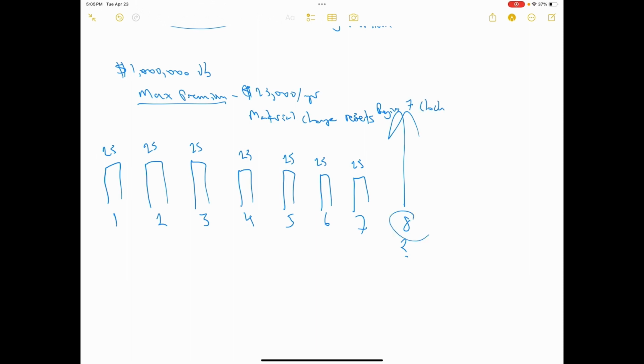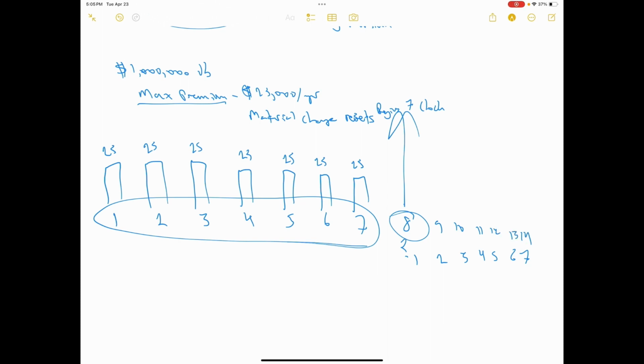So at year 8, if the death benefit has increased at any one of these first 7 years, we begin a whole new time frame of 7 years for years 8, 9, 10, 11, 12, 13, and 14.